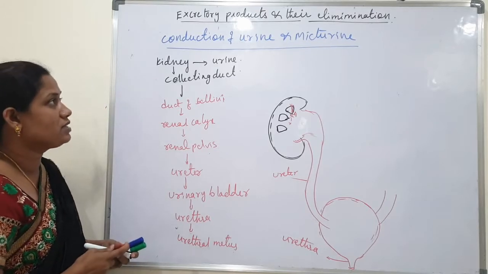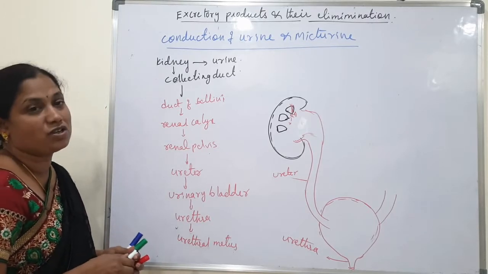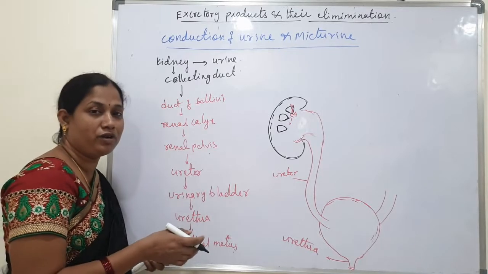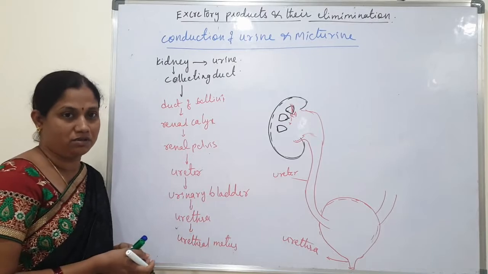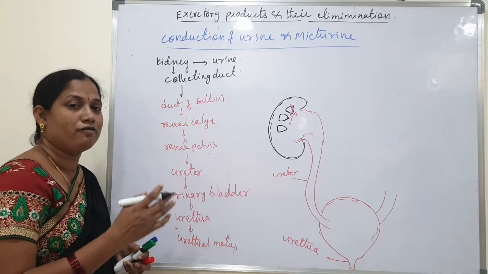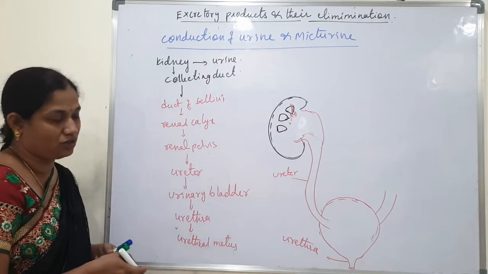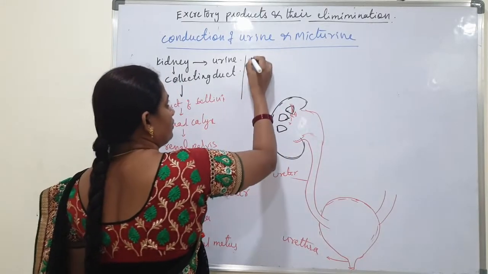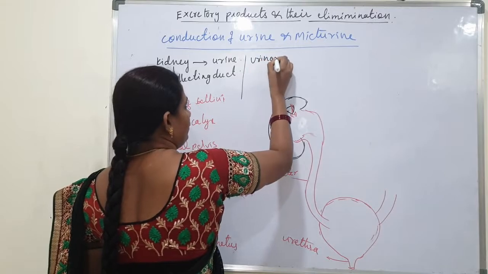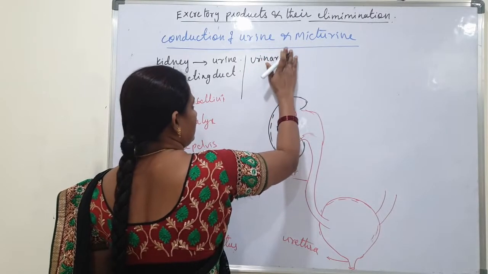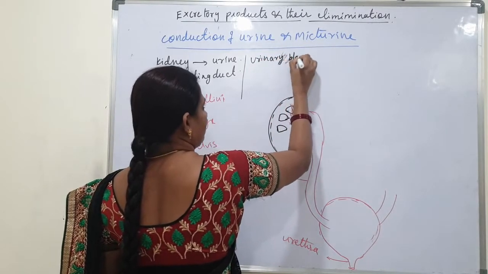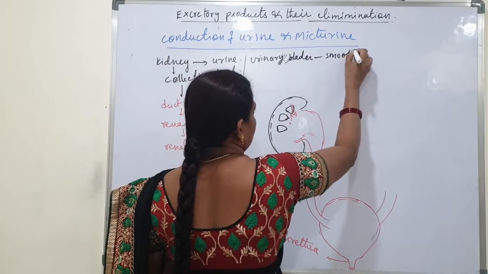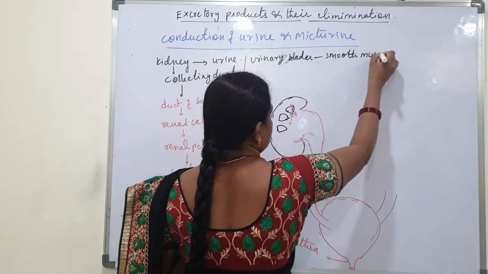Next, we will talk about micturition. Micturition means the releasing of urine from the urinary bladder. Here, the urinary bladder is made up of smooth muscles.